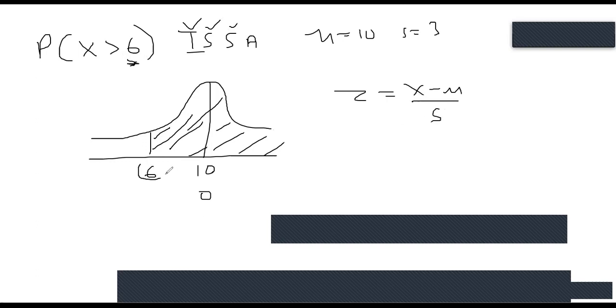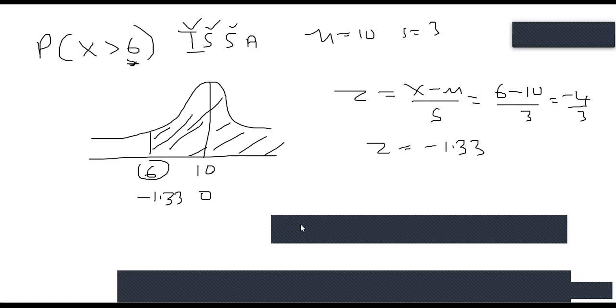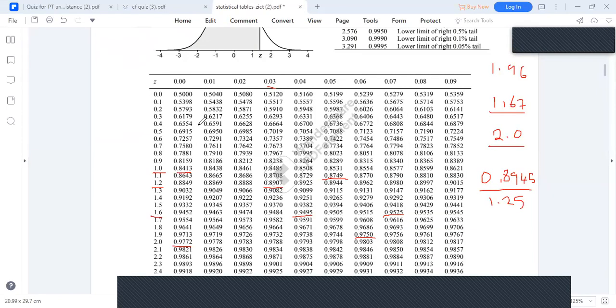Already you can see that the 6 is on the left side of the mean, so we're going to get a negative Z. So what is 6 minus 10 divided by 3? It's negative 4 over 3. So we're going to get negative 1.33. The negative just shows that you're on the left side of Z. So let's read, what is the reading for 1.33?